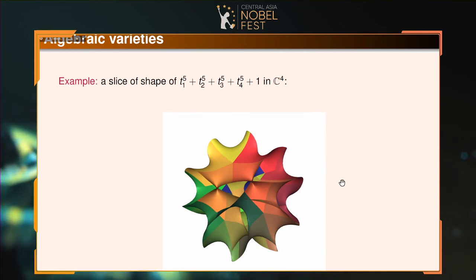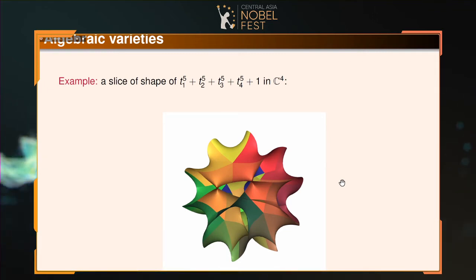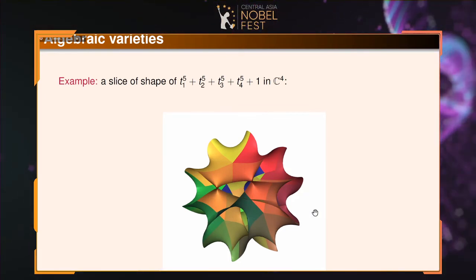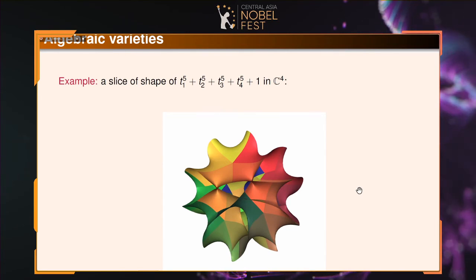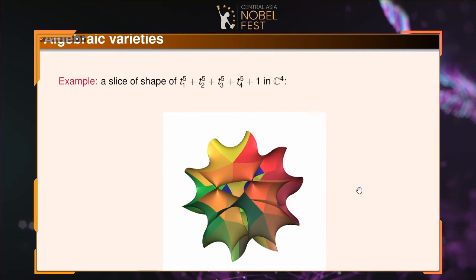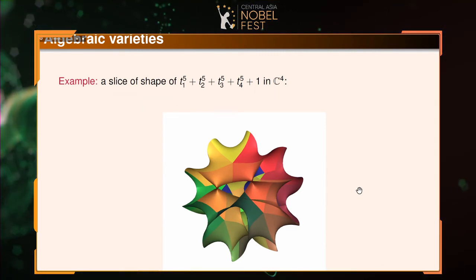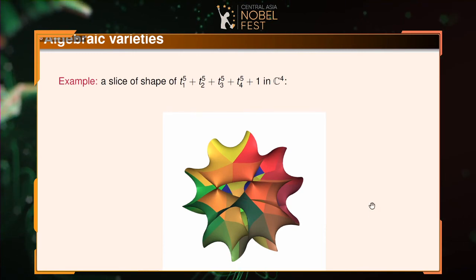So we cannot really imagine it in a geometric sense. But if we take a slice of this space, we get something like this, which is very familiar to people in all kinds of geometries, but also people in mathematical physics. It has become, in a way, a symbol of string theory, because string theory needs these kinds of spaces, which are called Calabi-Yau manifolds.